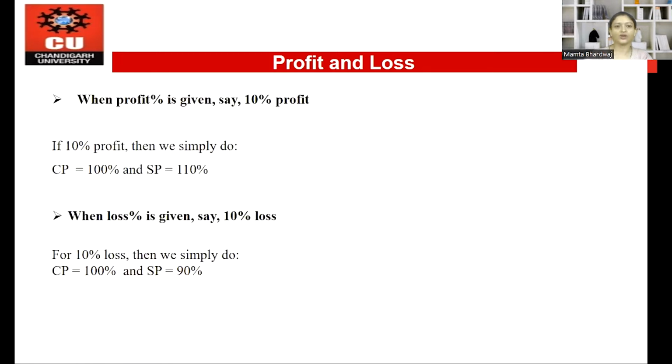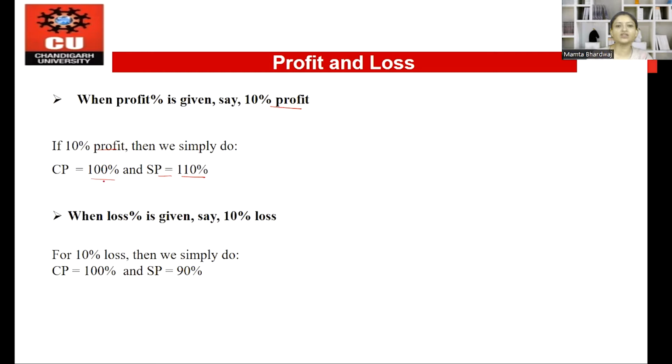So let's move ahead. When profit percent is given to you, let's say 10% profit, if we assume the cost price as 100, the selling price becomes 110, because profit percent is always calculated on the cost price.